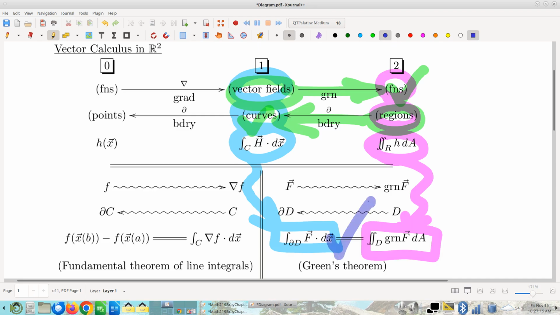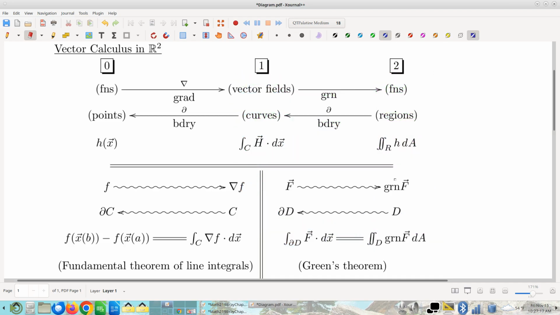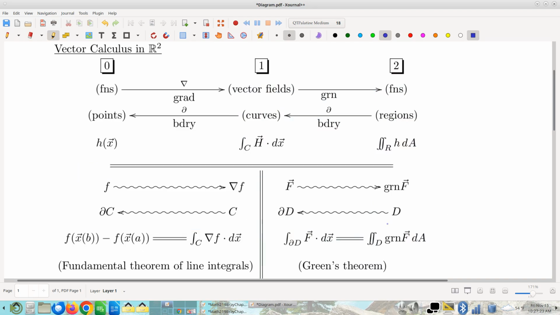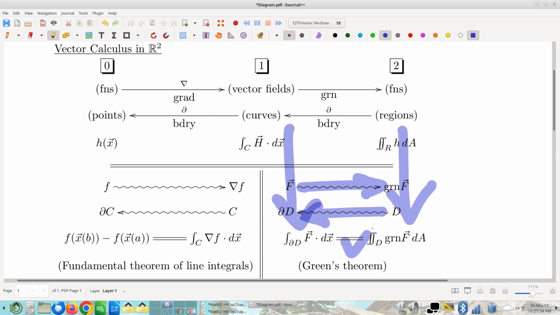All right, so let me write that more compactly, and I recopied and compactified it down here. If you take the curl of a vector field and the boundary of a 2-dimensional region, and you compute on both sides, you get the same thing. So again, that's just a diagrammatic talking through of the statement of Green's theorem.